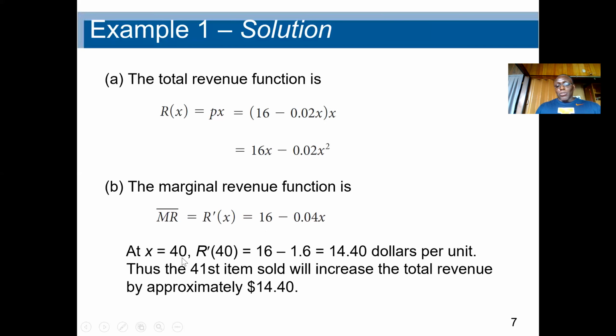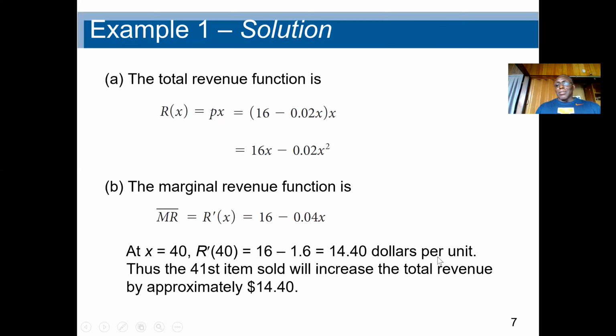So at x equals 40, we substitute 40, and we get 16 minus 0.04 times 40. That gives us 16 minus 1.6, because 0.04 times 40 gives me 1.6. So the difference will be 14.4. That's why you can see the answer we write here. We say $14.40 per what? Per unit.